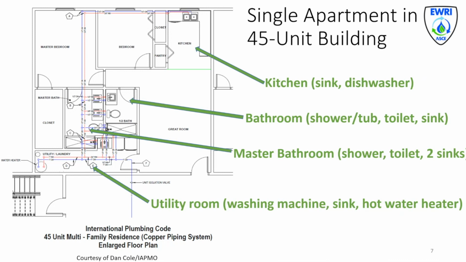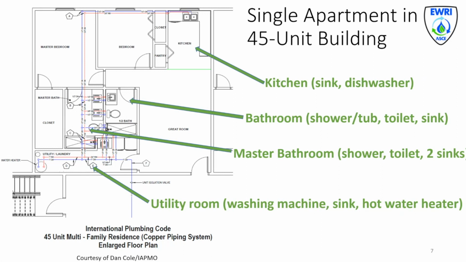So basically, this is a single apartment in a 45-unit building. And on the next slide, I'll show you what that whole apartment building looks like. But just to focus on the premise plumbing, this particular apartment has a kitchen that you can see at the top right with a sink and a dishwasher. It also has a bathroom in the middle there, which has a shower and tub combo, a toilet, and a sink.